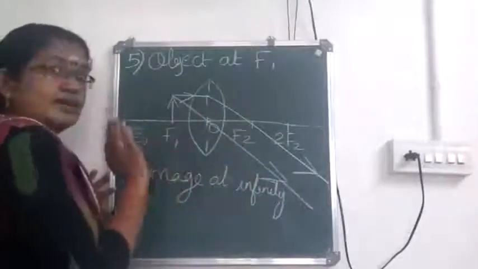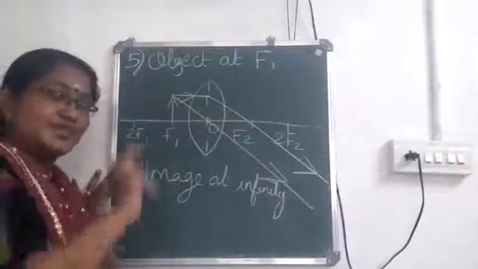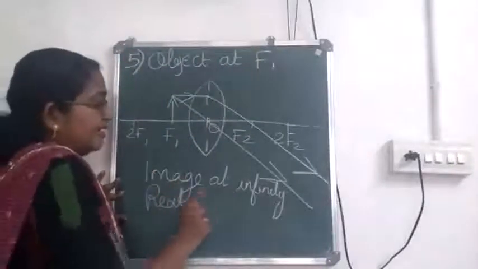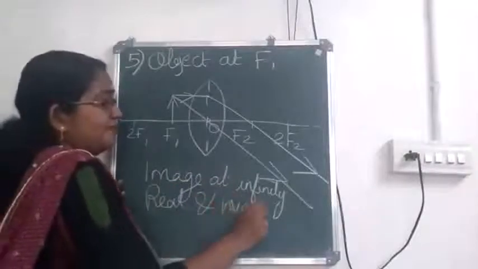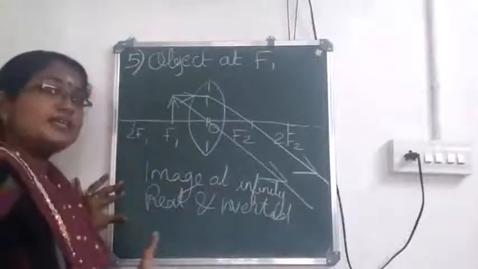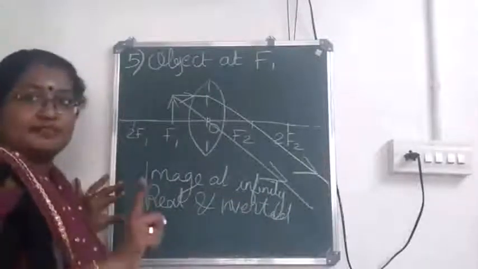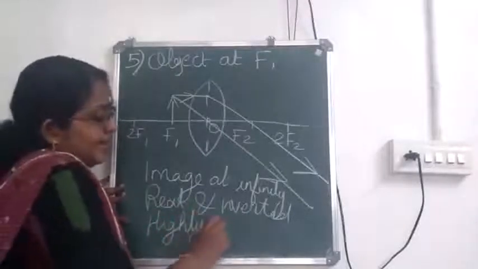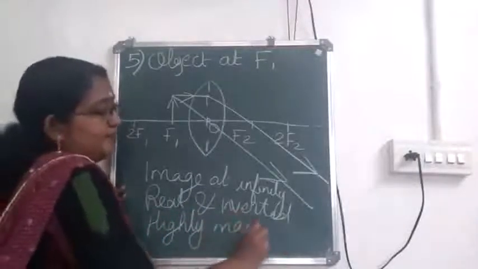Then we are believing that these two rays will meet at infinity. That means the image will be real and inverted. Previously it was magnified, so in this case it will be highly magnified.